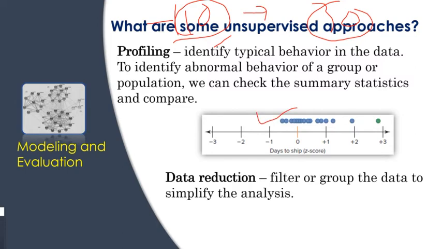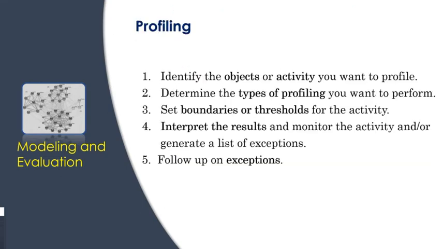And data reduction is actually a filter. It's filtering a certain database based on some criteria. That is called data reduction. In profiling, we will be identifying the objects or activity, then determine the types of profile, and we will have a boundary or threshold.